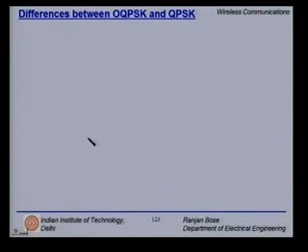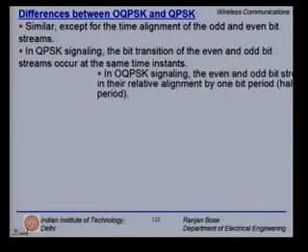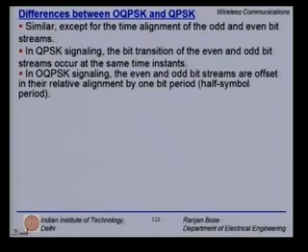So what are the differences between offset QPSK and your regular QPSK? They are almost similar, except for the time alignment of the odd and even bit streams. In QPSK signaling, the bit transition of the even and odd bit streams occur at the same time instant. However, in offset QPSK, the even and odd bit streams are offset in the relative assignment by 1 bit period, which is half symbol period.